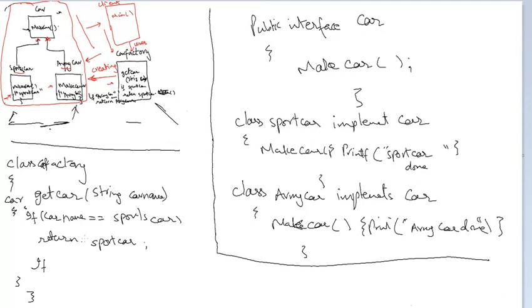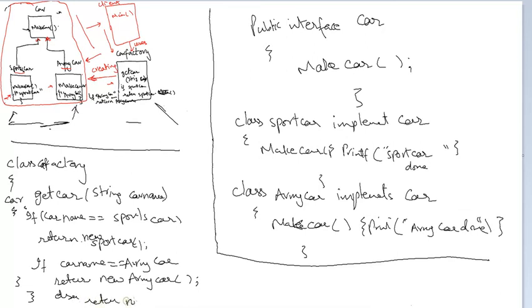We return an object, so we write here new sports car. If car name is equal to army car, return new army car object. Okay, else return null. So this is how our factory class will look like.